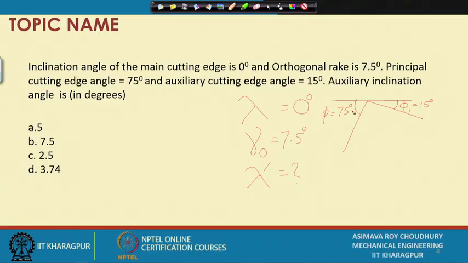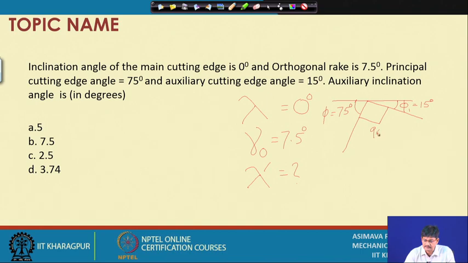We can argue that since phi is 75 degrees, phi 1 is 15 degrees, so this must be a right angle. If this is the right angle, in that case it is given that the tool is having 0 degrees along this and the tool is having 7.5 degrees along this direction.